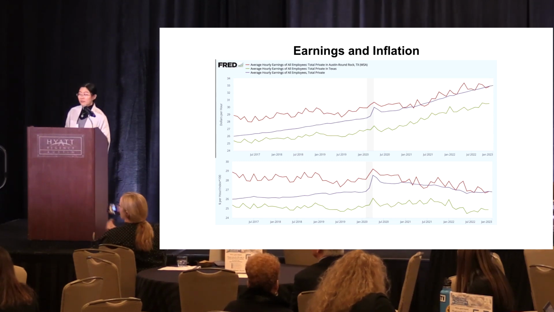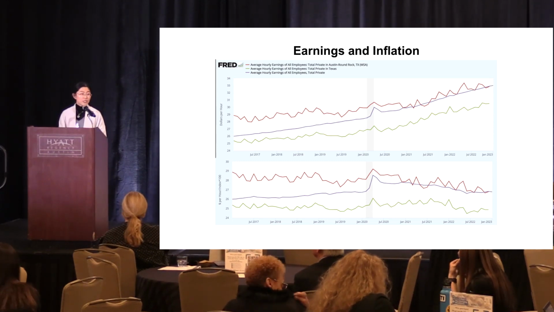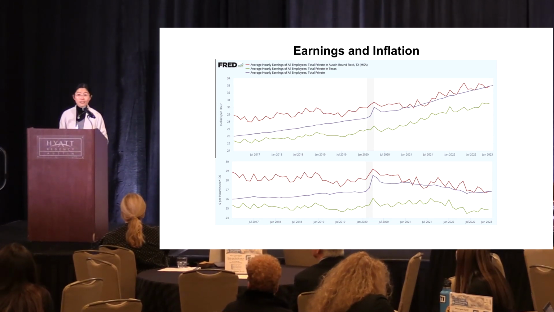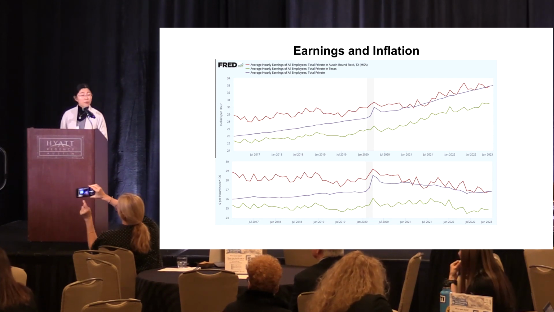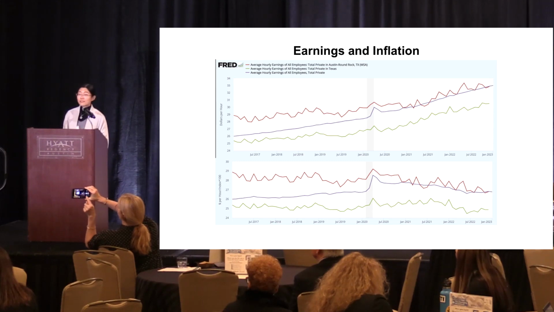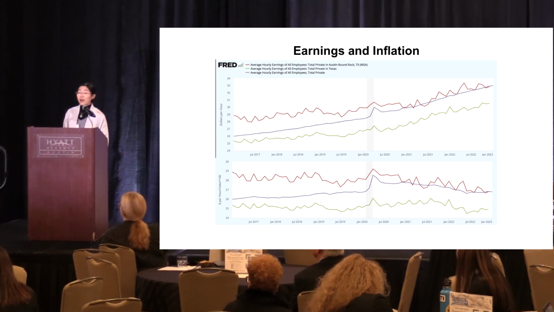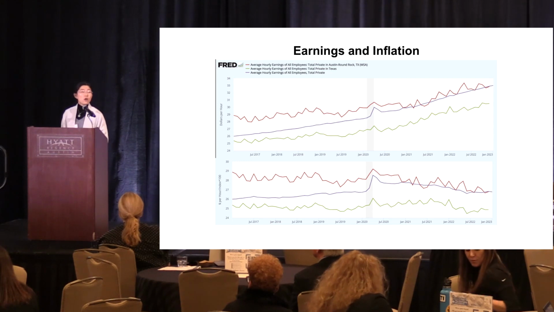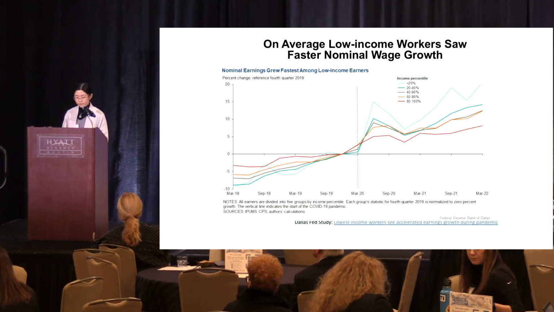And then the bottom line there is the Texas average. Now you can clearly see that the advantage of Austin compared to the national average has closed since the start of the pandemic. And compared to the bottom graph, which is the real wage, those are deflated using headline CPI, you can see that wage is actually declining for all groups.